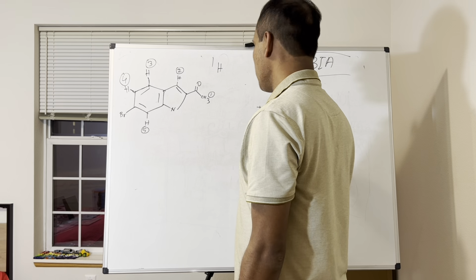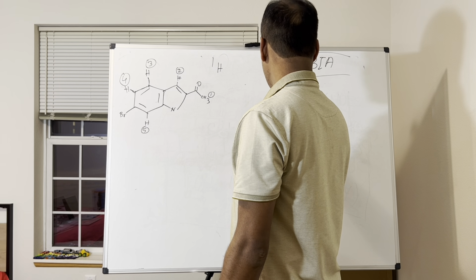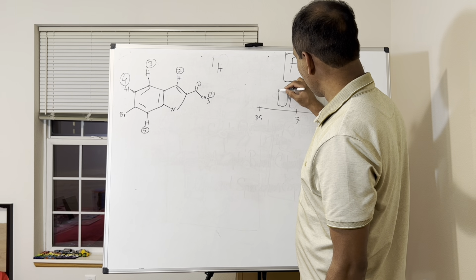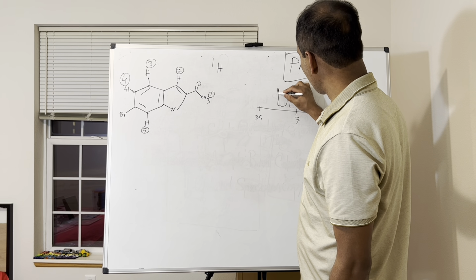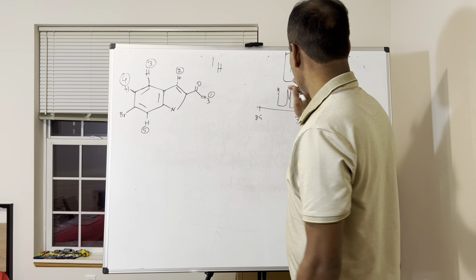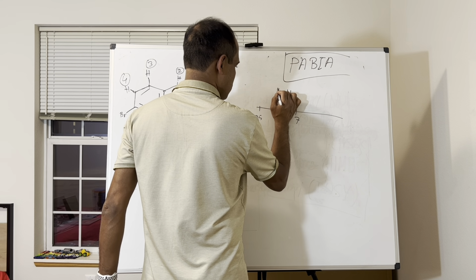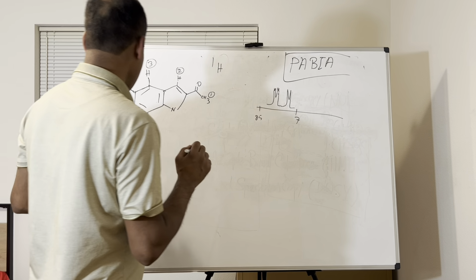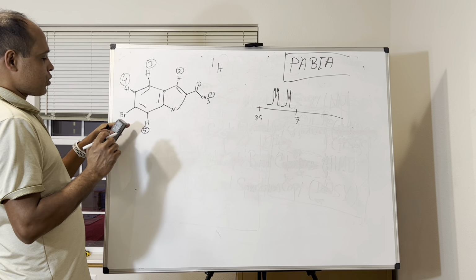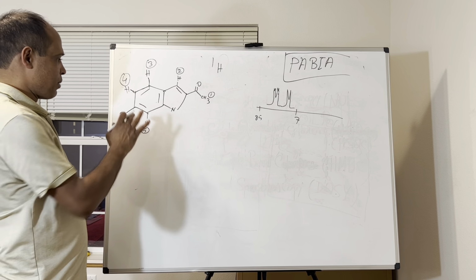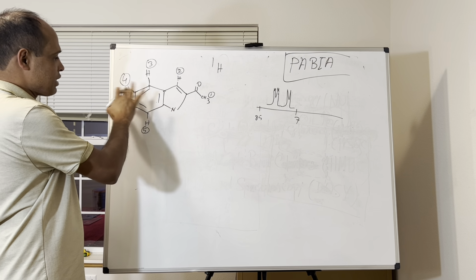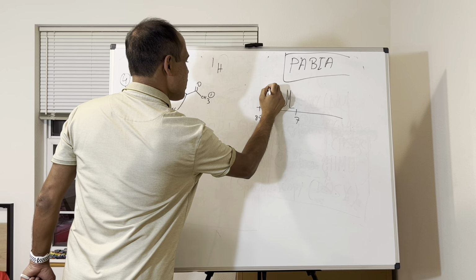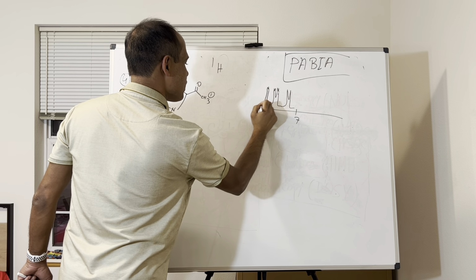So 4 will give you a doublet like this, but that doublet will split a small quantity, and this 5 will give you kind of a singlet, but since it can also see 4, it will give you a singlet type, but with very small splitting.